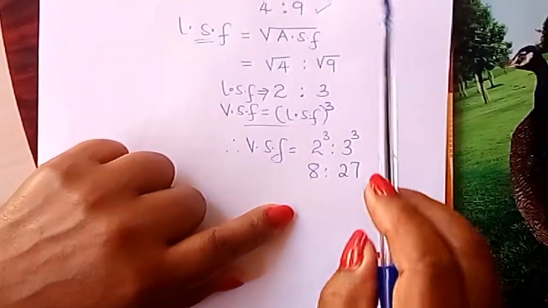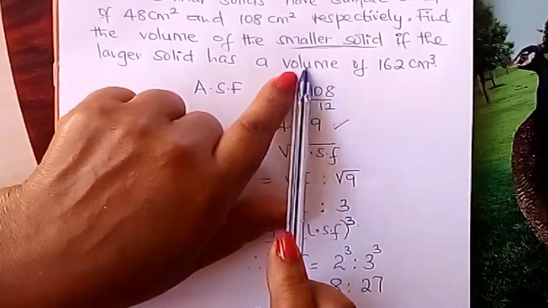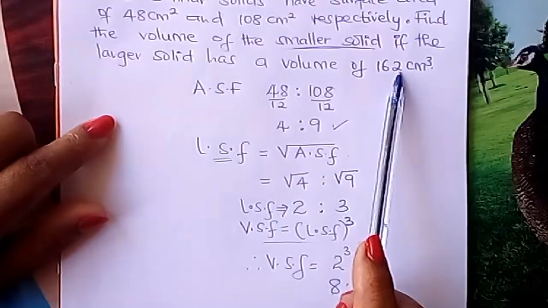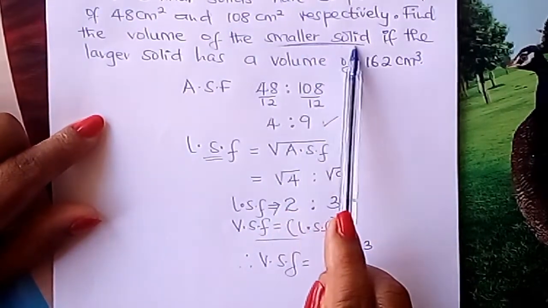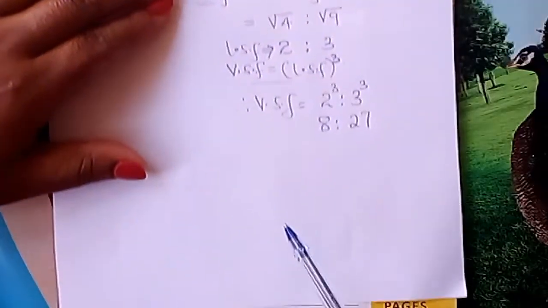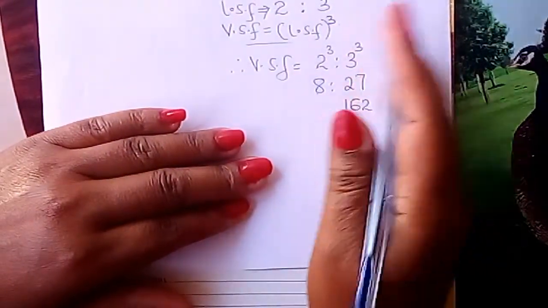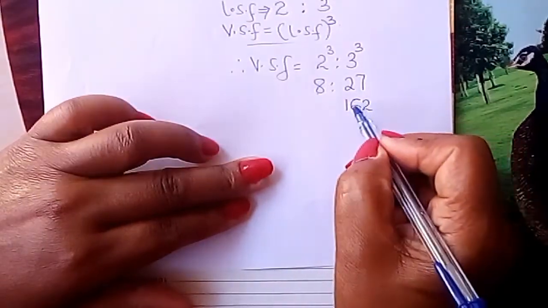So from our question, we are given the volume of the bigger solid. We are given that the volume of the bigger solid is 162 centimeters cubed, and we are required to find the volume of the smaller solid. So you fix your 162 on the end where you have the bigger solid.